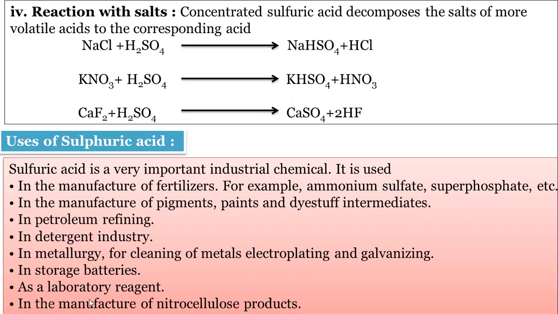It is a laboratory reagent, and used in the manufacturing of nitrocellulose products. Any 4 uses we have to remember if it is asked for 2 marks in the board examination. Each use has half mark. If it is asked for 1 mark, we have to write 2 uses. If it is asked for 2 marks, we have to write 4 uses.